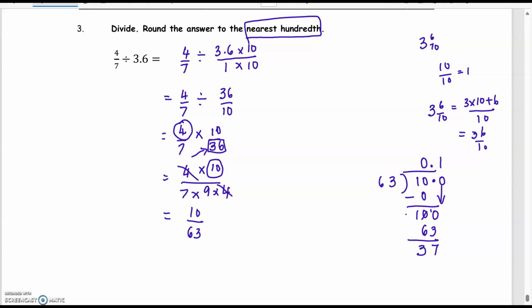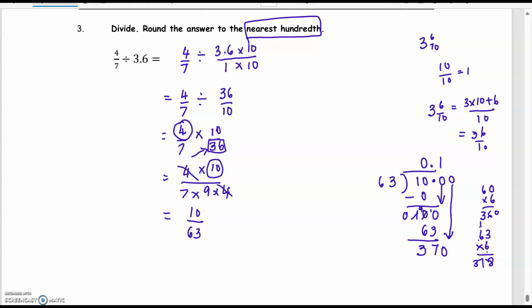So this becomes a 9. That becomes a 0. So we have 37. Bring another 0 down. 63 times 6, let's see if it's too big. 6 3s are 18, 1, 6 6s are 36, 378, which is too big.